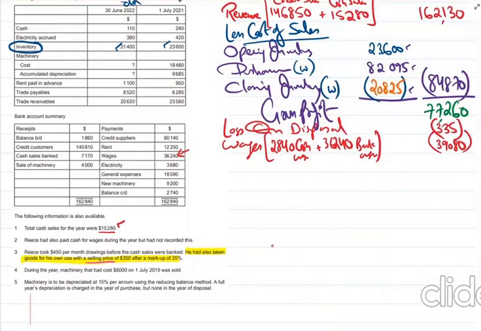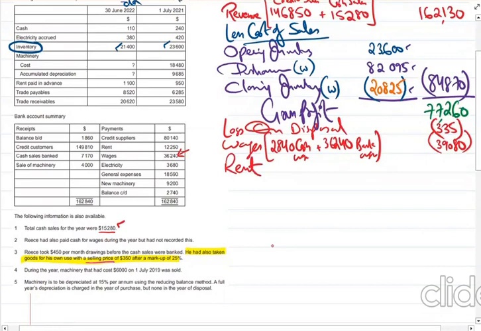Now other expenses, we have rent. In this question, there is no accrual, no prepayment, very easy. Rent is how much? We have rent, we have electricity, we have general expenses, and we computed depreciation.